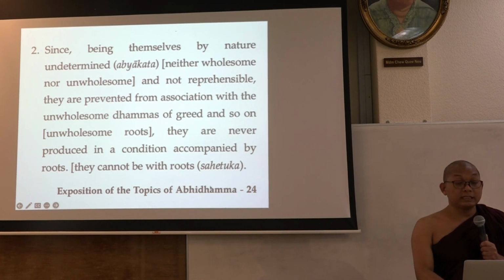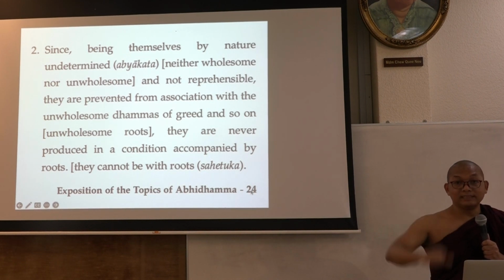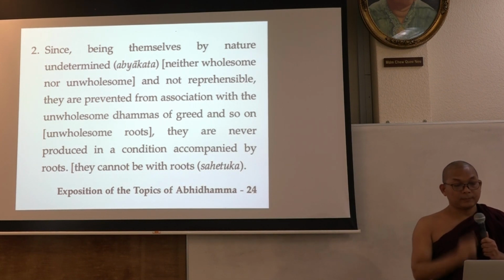This is the sub-commentary of the Abhidhamma, translated by Mr. Rupakatin, an Abhidhamma scholar from England. Those who want to read can go to the library. You can get it. Page number 24.